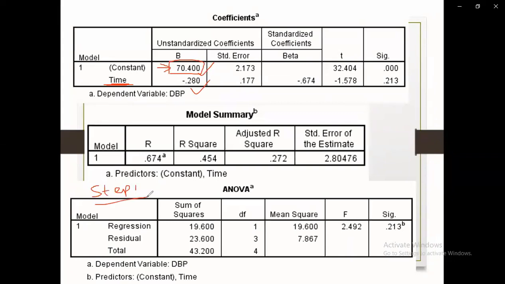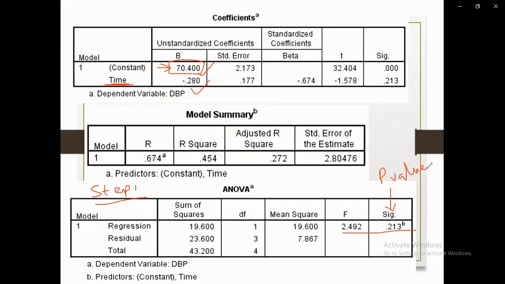The ANOVA table tests the overall significance of your predictors, and it will always tell you the significance using the F and the significant values. To refresh our memories, this significant value here is your p-value. The value generated by the statistical software will always be your p-value.